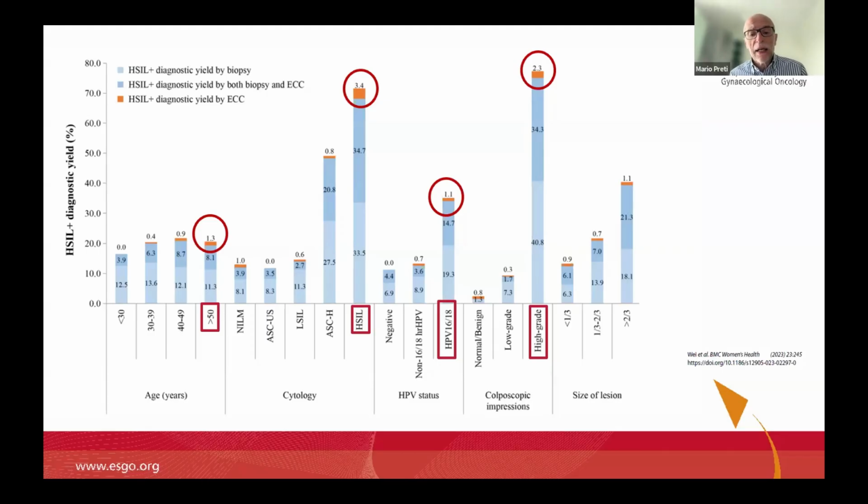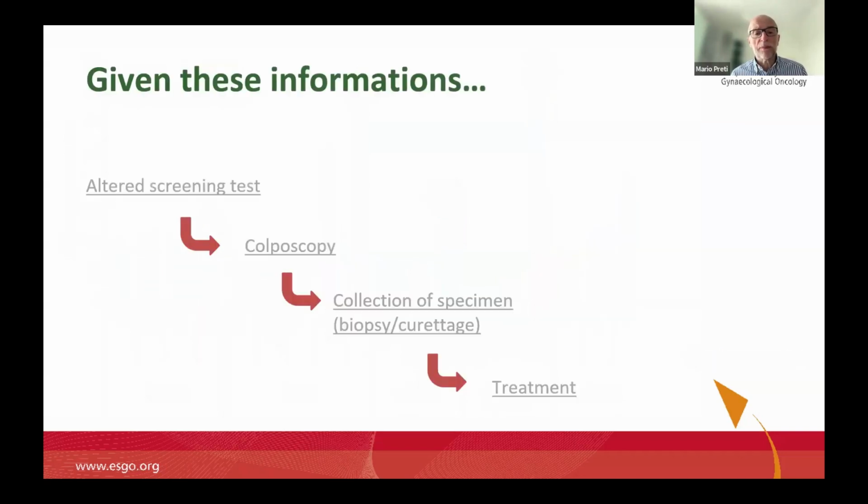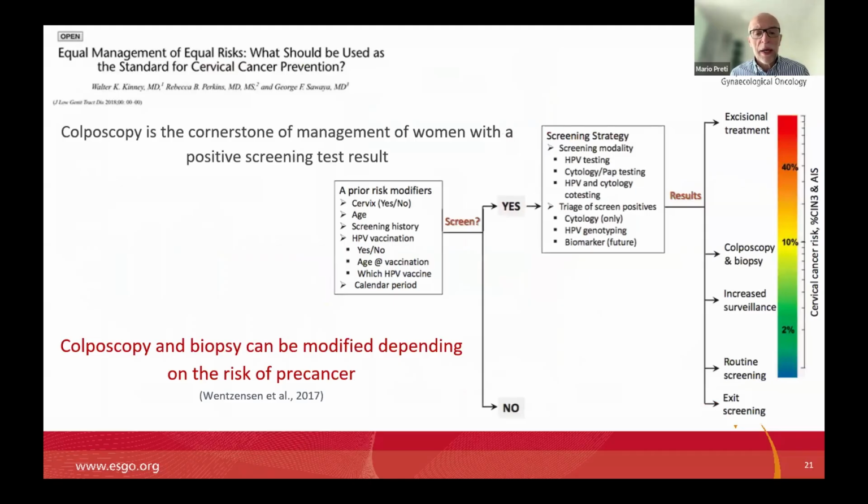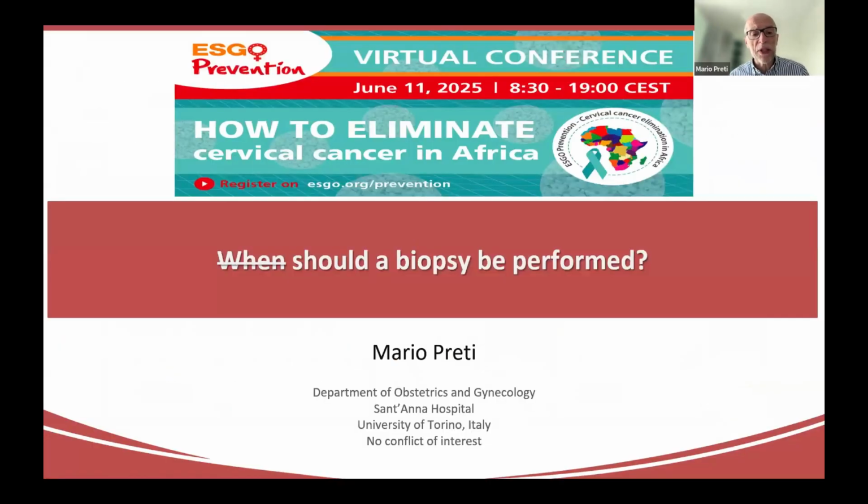So these are, for the most part, besides the colposcopic impression, all tests that we have before the colposcopy. It is important. And so, given this information, which is the best approach in Africa? We heard about this risk stratification, but we can change the title of our presentation, not when a biopsy should be performed, but should a biopsy be performed?